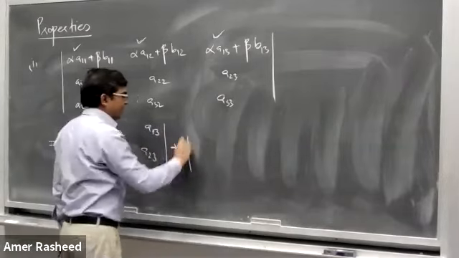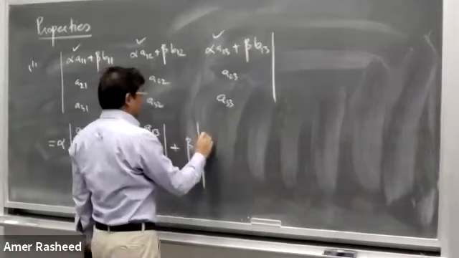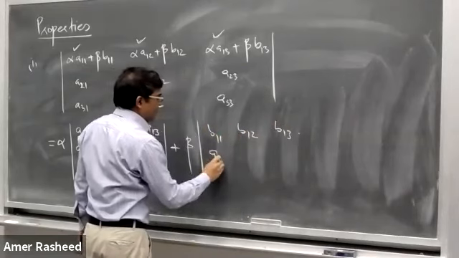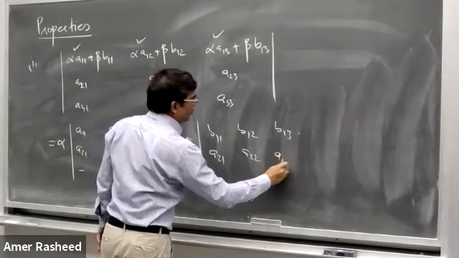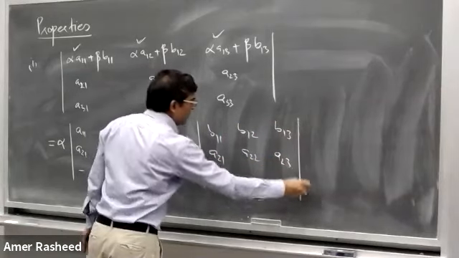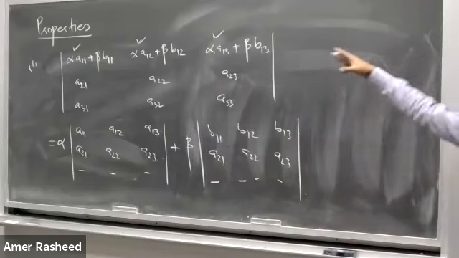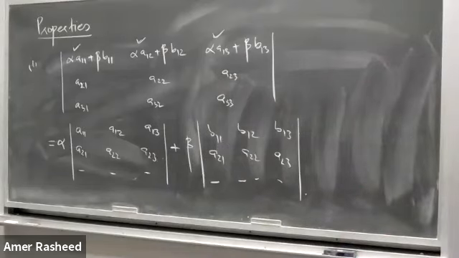Okay, plus beta times B11, B12, B13, and A21, A22, A23, and so on. Okay, the same entries. So we can split this determinant into sum of two determinants in this way, okay, as well.